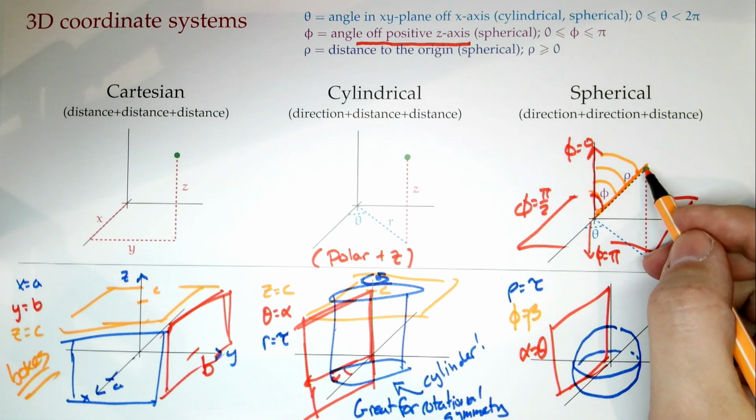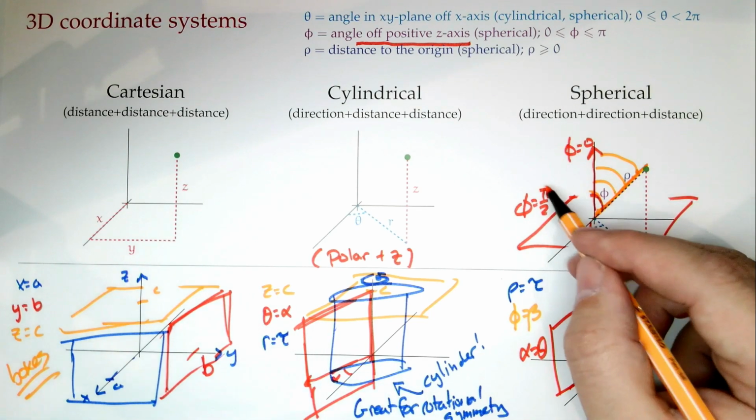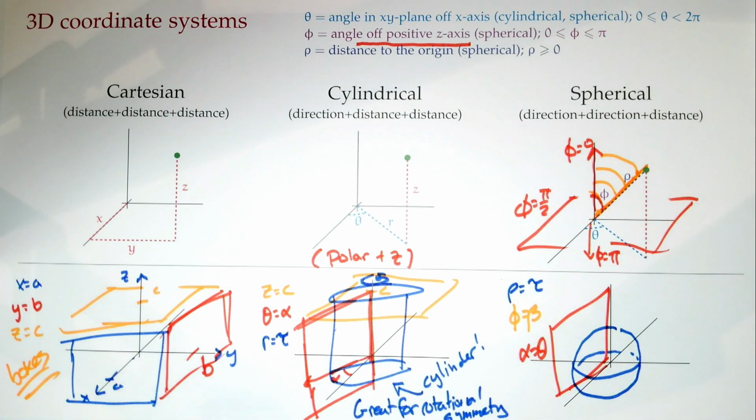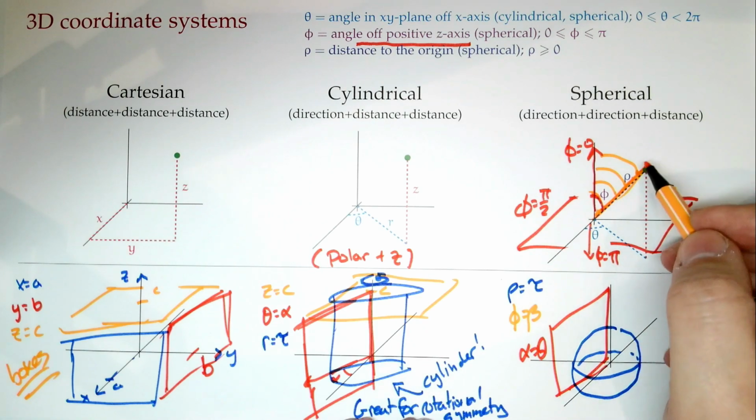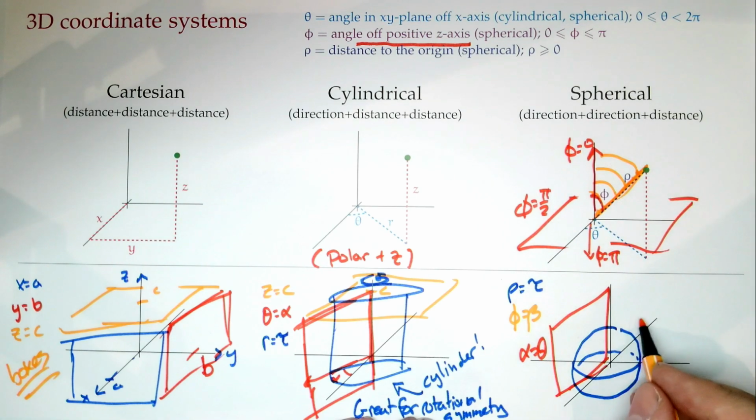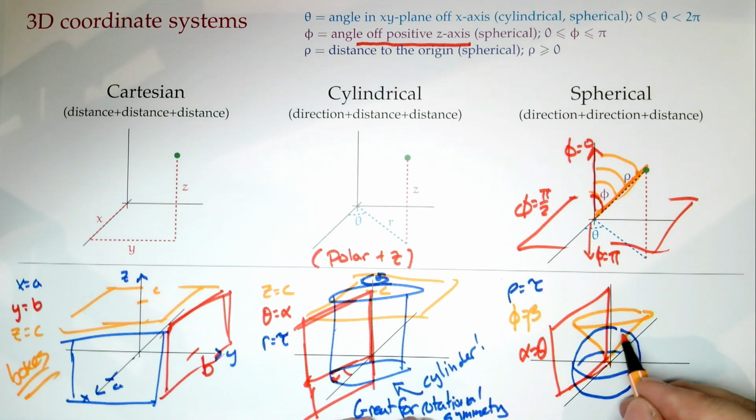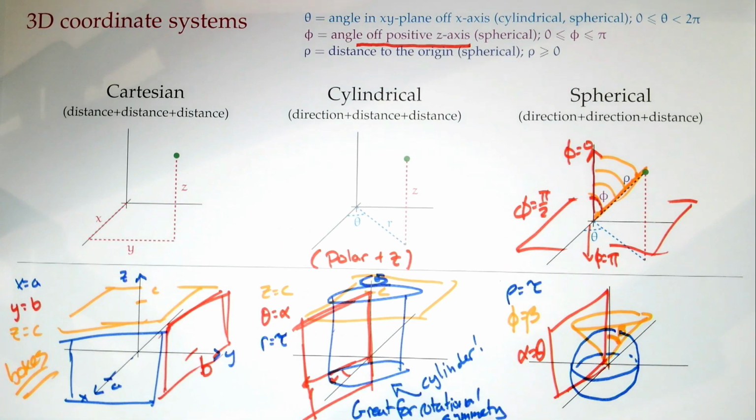And again, I can spin now with respect to theta, because theta and phi are independent. And I'm still going to get points with the same phi. So if I can imagine spinning this segment around, the shape is a cone. And the angle that comes off is this angle beta. All right, so that's spherical.